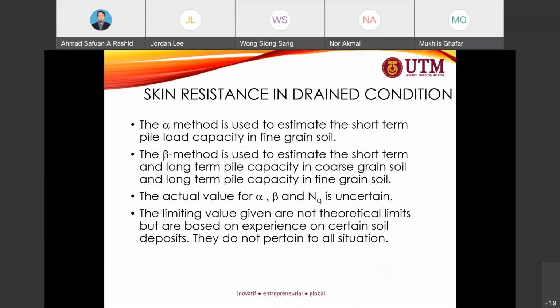The beta method is used to estimate the short-term and long-term pile capacity in the coarse grain and long-term pile capacity in the fine grain. The actual values for alpha, beta, and NQ are uncertain. The limiting values given are not theoretical limits but are based on experience on certain soil deposits. They do not pertain to all situations. So that is the assumption made for the skin resistance in the drained conditions.